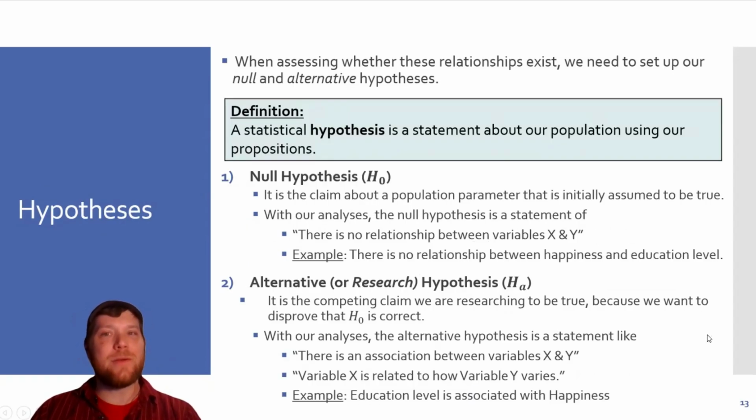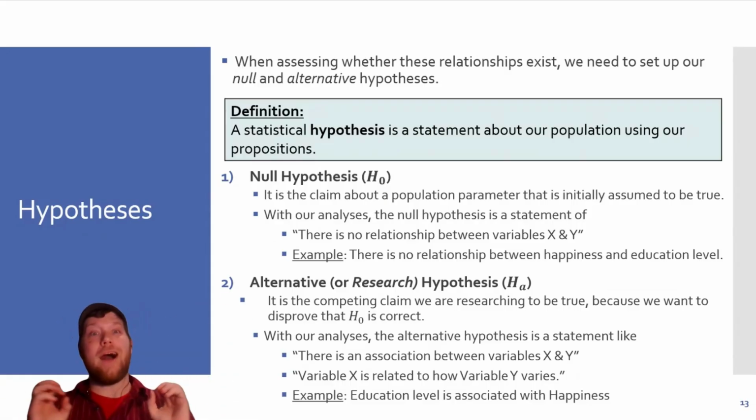And when we assess whether these relationships exist, we're going to set up, alongside our proposition, official hypotheses. A statistical hypothesis is a statement about our population using our propositions: the null hypothesis and the alternative, or our research hypothesis.